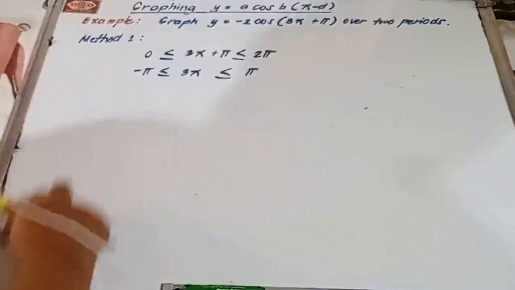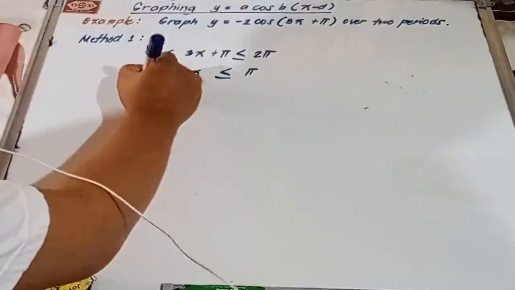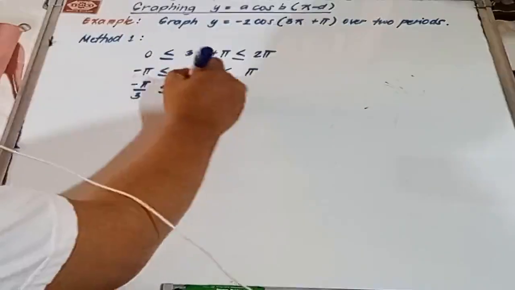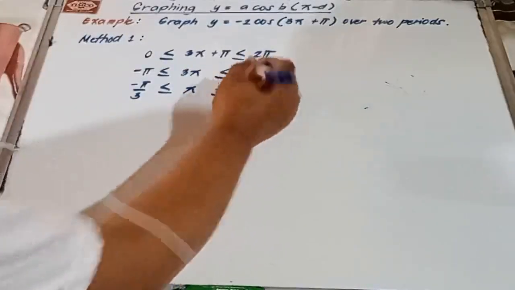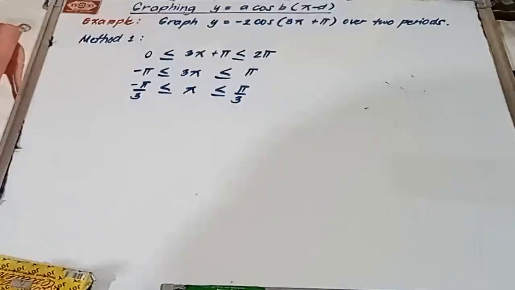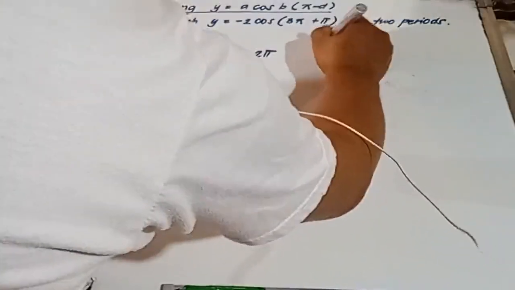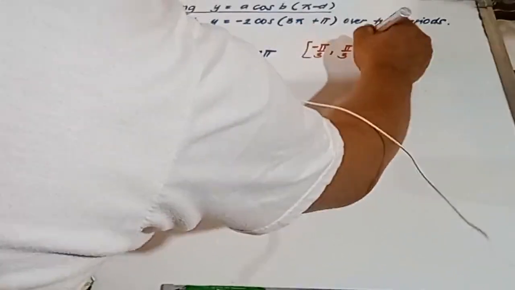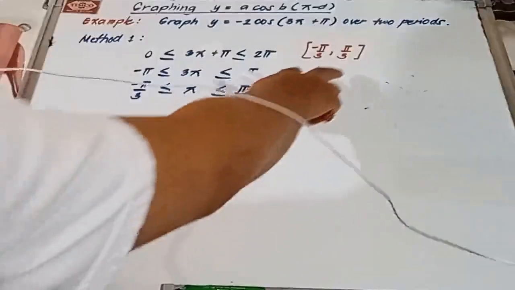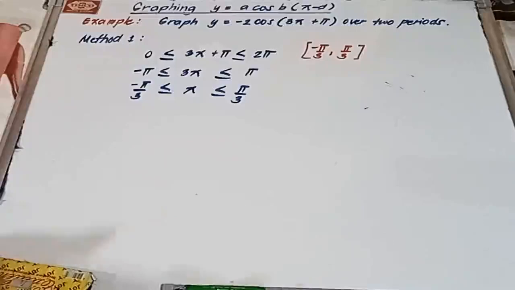So we have negative pi over 3 less than or equal to x less than or equal to pi over 3. So ibig sabihin yung interval natin using the 3-part inequality is negative pi over 3 comma pi over 3 inclusive. Yun yung ating interval at ito ay isang period, from negative pi over 3 to pi over 3.